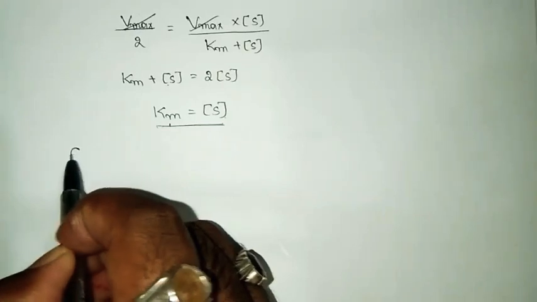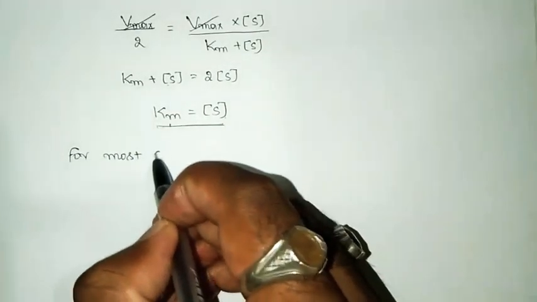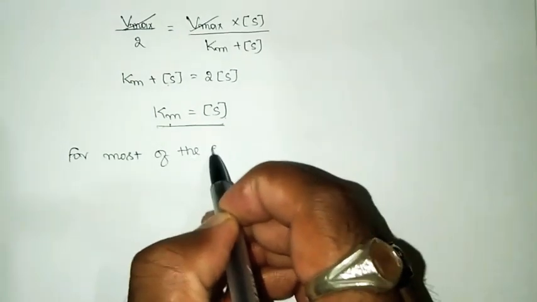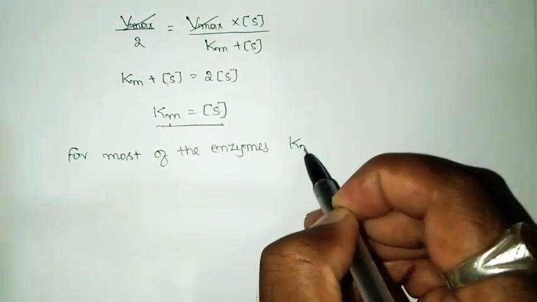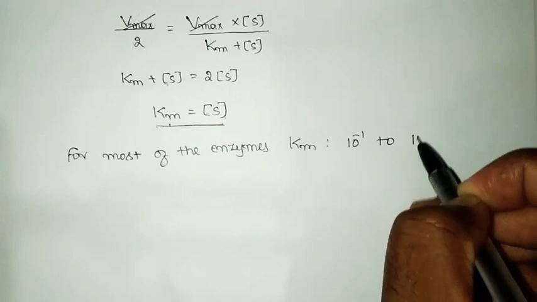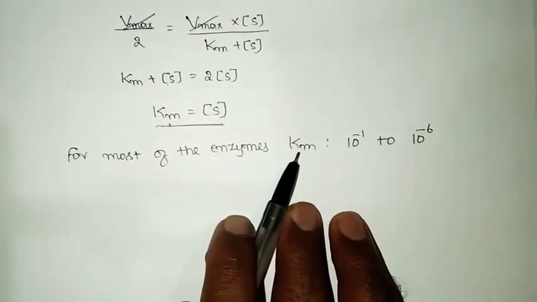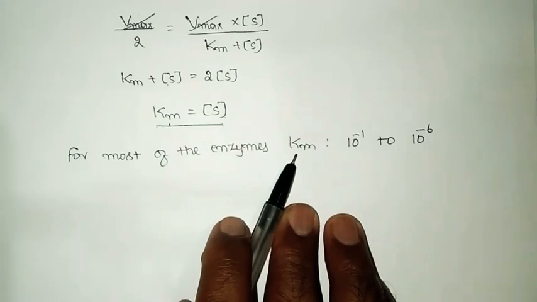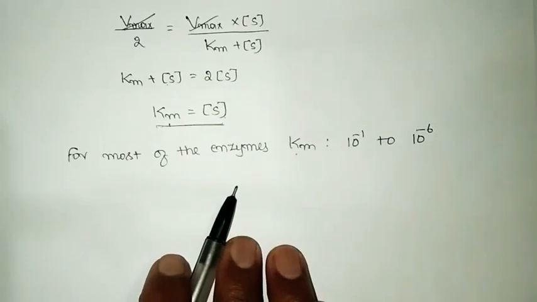And for most of the enzymes, the value of the Michaelis Menten constant, that is Km, will range between 10 to the power of minus 1 to 10 to the power of minus 6. This is the range of the Michaelis Menten constant for most of the enzyme molecules.